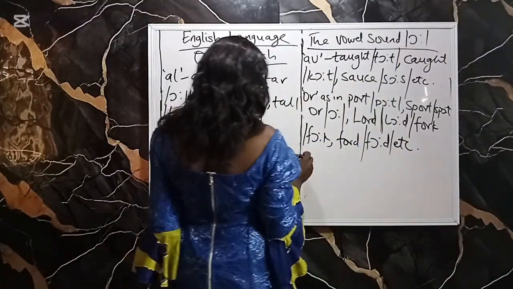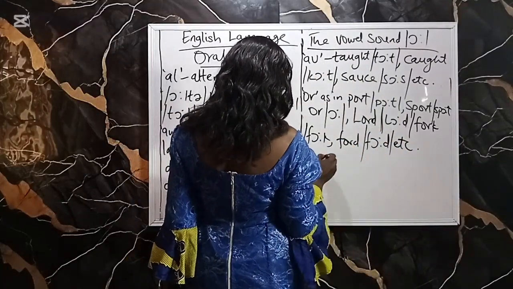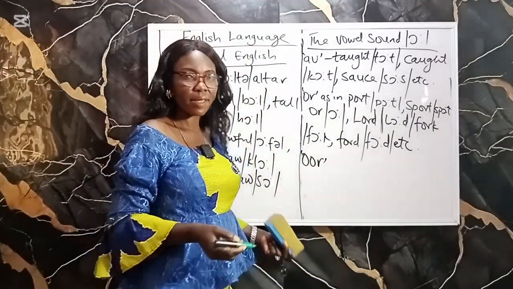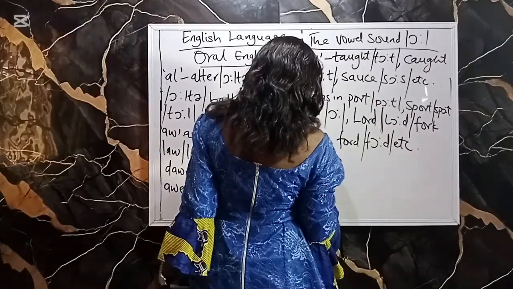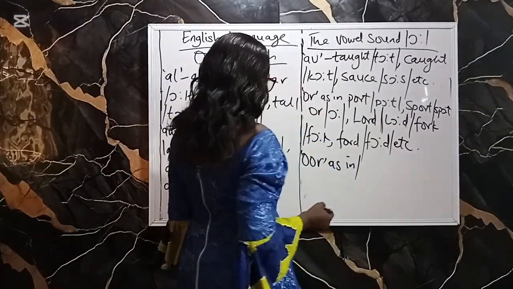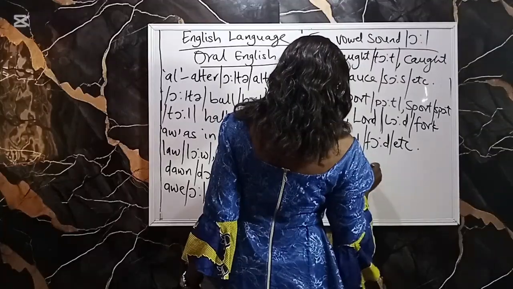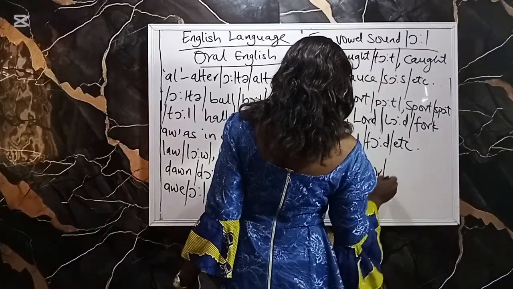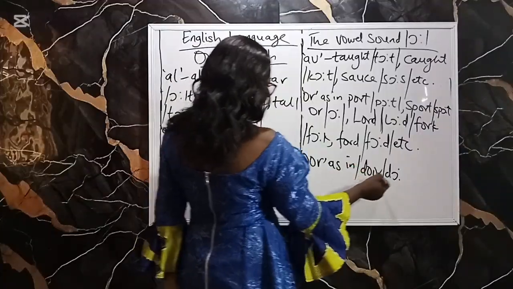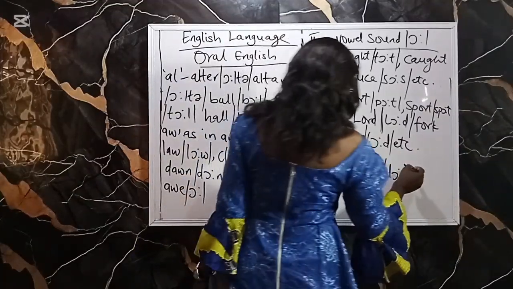We have OOR. Remember, combination of letters. Under OOR, we have door. Door. You put the sound where you see OOR. Then floor.